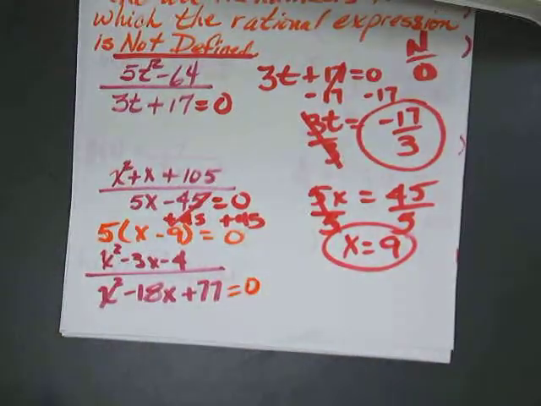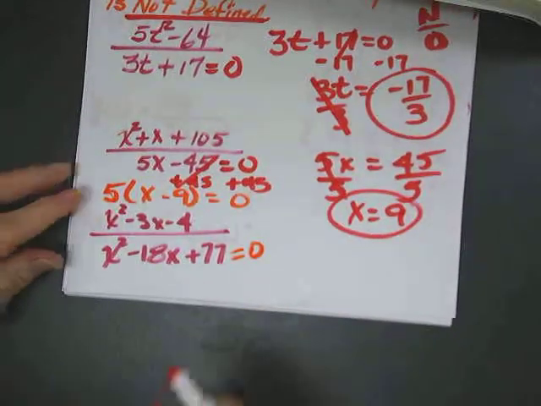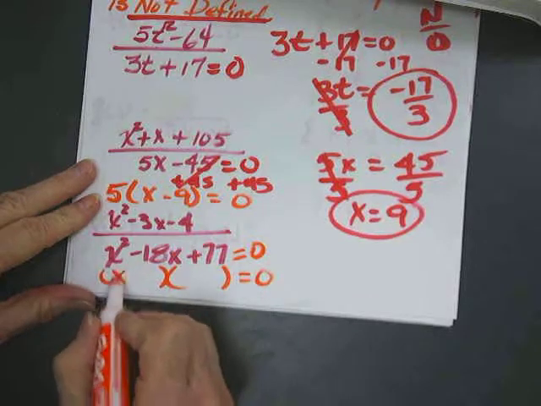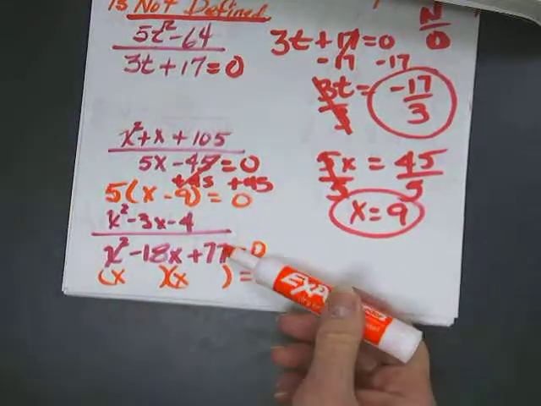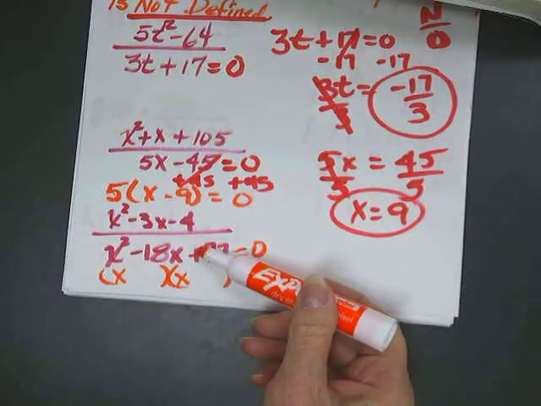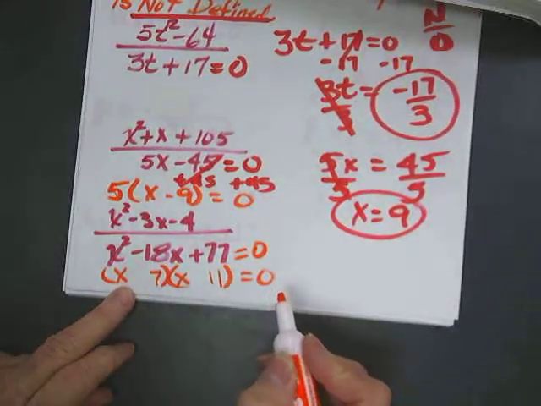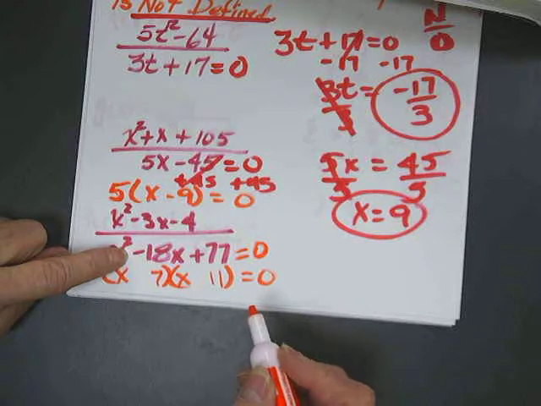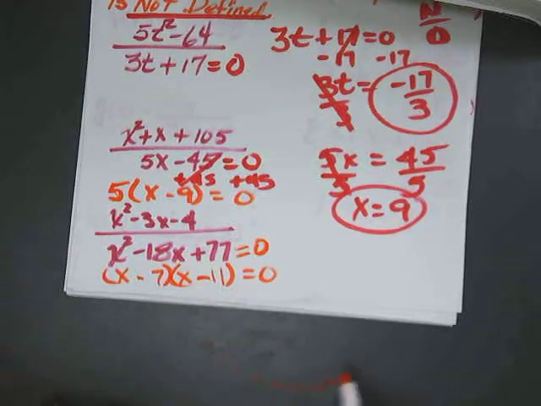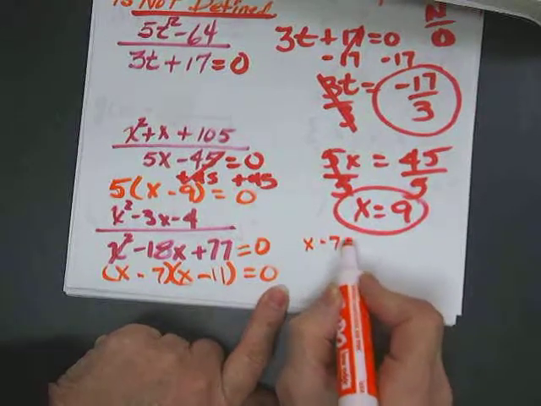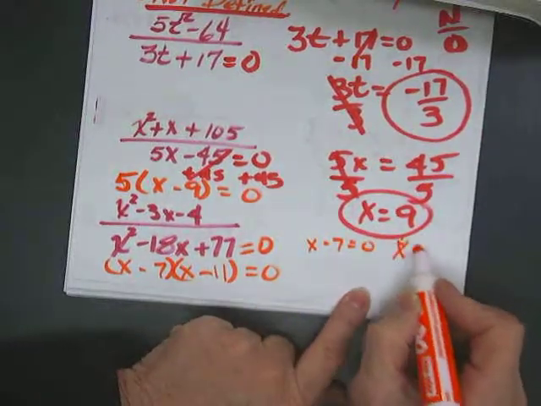Okay, this one we do have to factor to get what would make our denominator 0. Well, if we factor it, we've got 7 times 11. 7 and 11 add up to 18, so those are the ones. To get negative 18, they're both negative, but you have to set each one of these equal to 0.